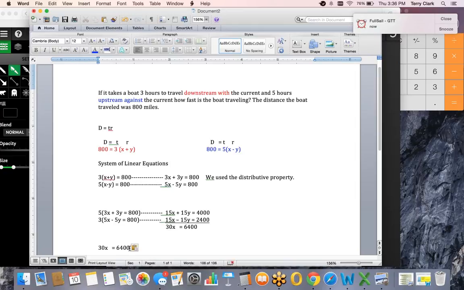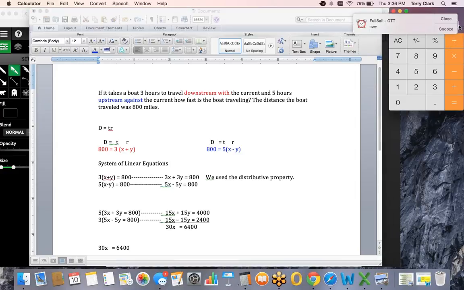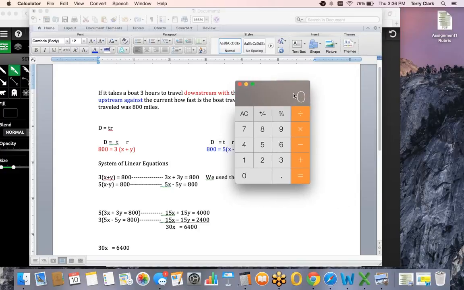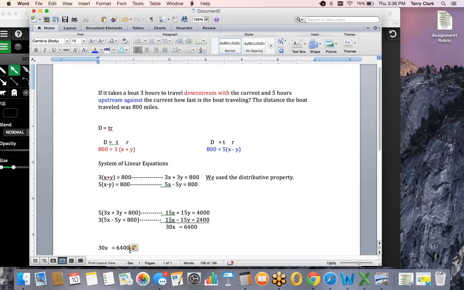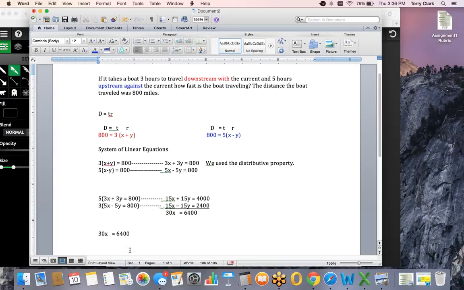30x equals 6,400. And from there, all I have to do is divide both sides by 30 to get the x by itself. 6,400 divided by 30.